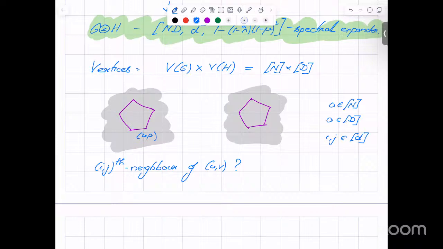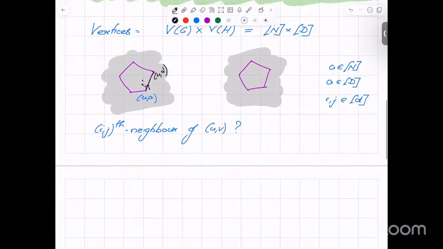So we go from (u, a) along edge i, and that takes you to say (u, a'). Firstly, if you apply the rotation map of H on (a, i), we get (a', i'). So that's within this cloud.